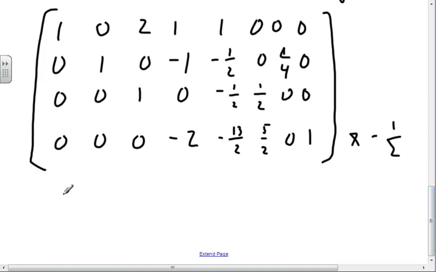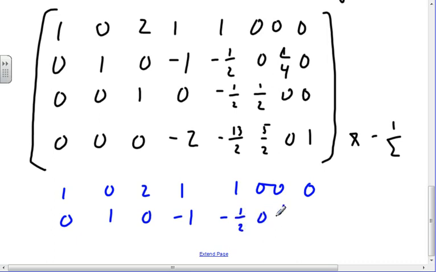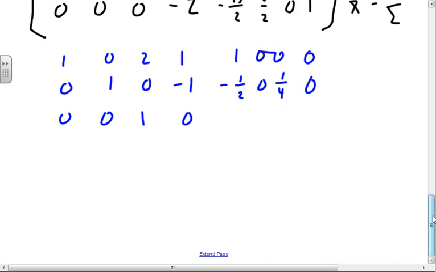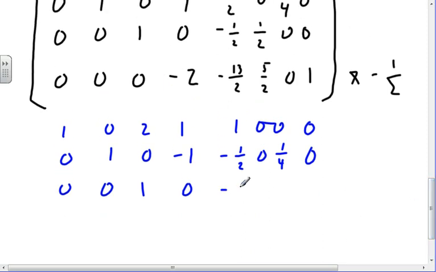Minus 1/2. 1, 0, 2, 1, 1, 0, 0, 0. 0, 1, 0, minus 1, minus 1/2, 0, 1/4, 0, 0, 0, 1, 0, minus 1/2, 1/2, 0, 0, 0, 0, 0, 1.